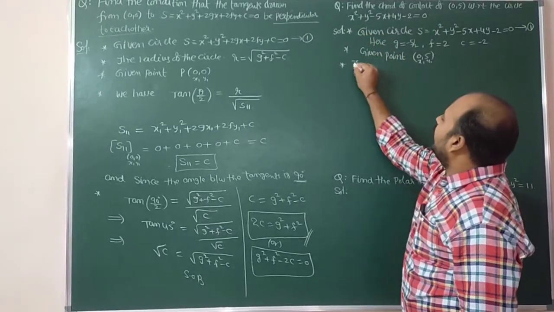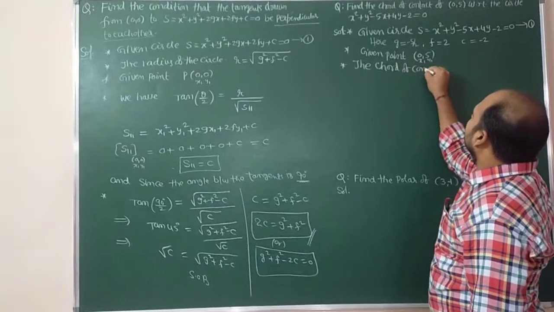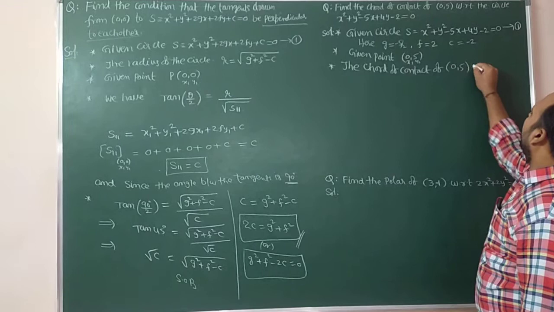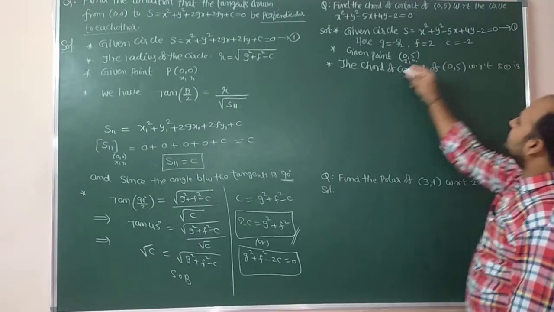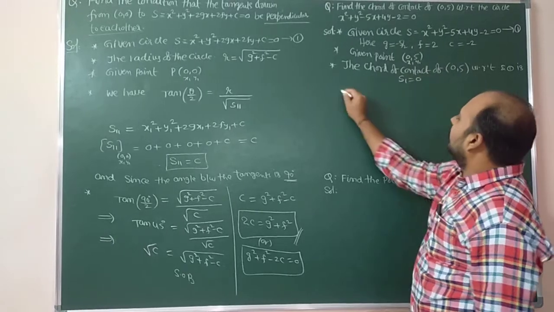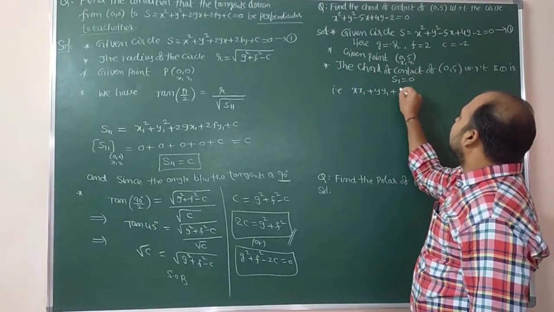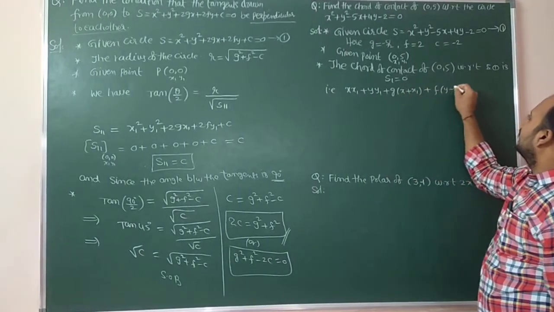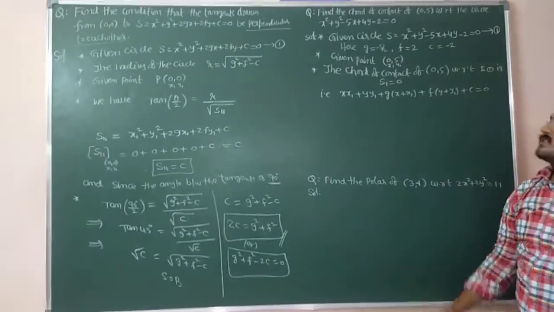The chord of contact of 0, 5 with respect to equation 1 is S1 equal to 0. That is xx1 plus yy1 plus g into x plus x1 plus f into y plus y1 plus c equal to 0.